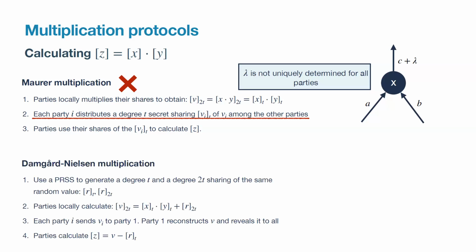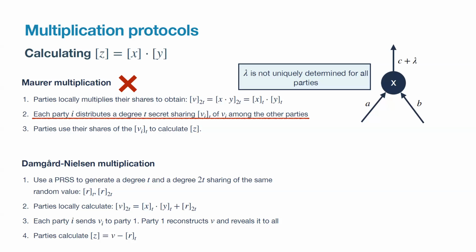So the next option was the Damgård-Nielsen protocol. This is a 2-round protocol. Also, we have to generate some randomness that is input independent. But essentially, again, the parties will reach a step where they have a sharing of degree 2t that they want to reduce to degree t.